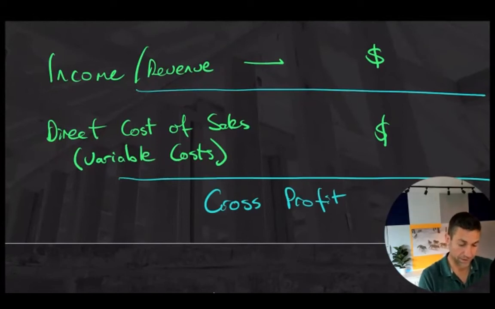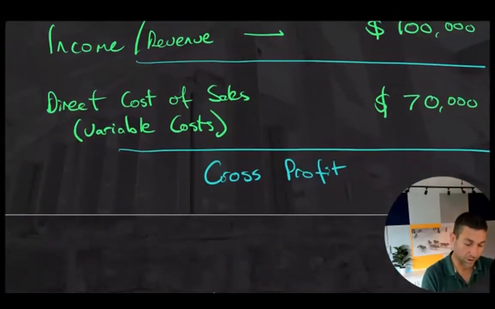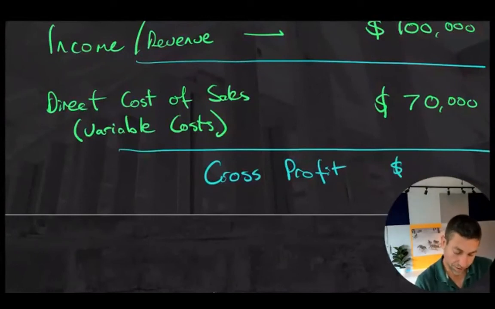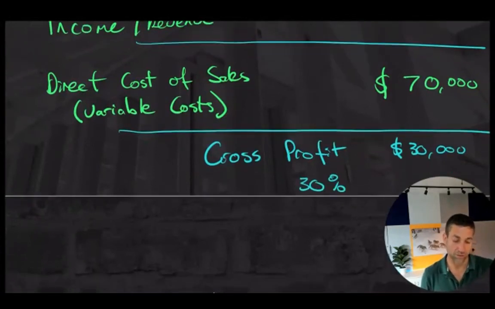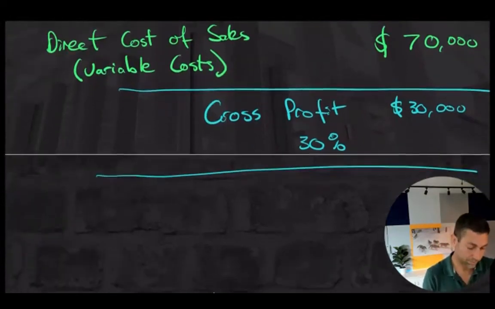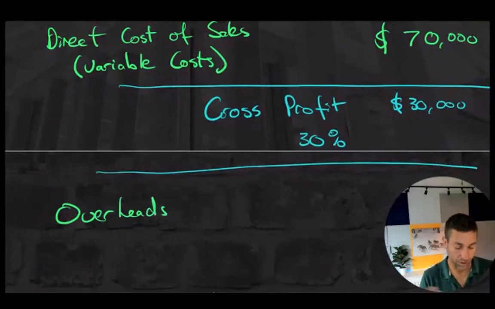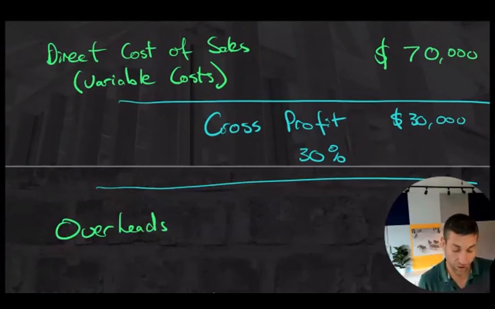So let's put in figures again. So that was $100,000. In this case, it was $70,000. Therefore, my gross profit is $30,000. And really what we cared about was our percentage. That's a 30% gross profit, right? Then we would have overheads, which include technically managers. Well, we broke them into a separate one, but let's just call it overheads for now.